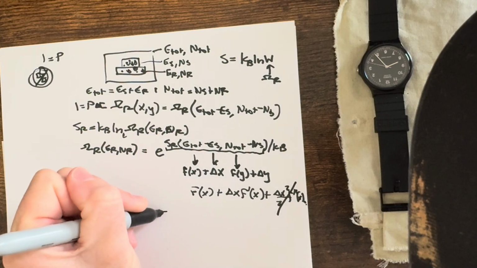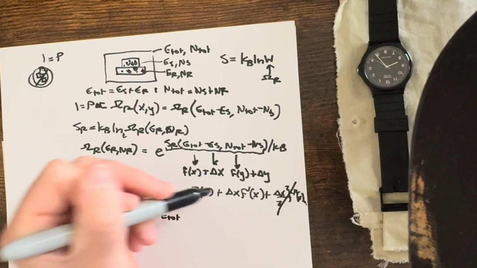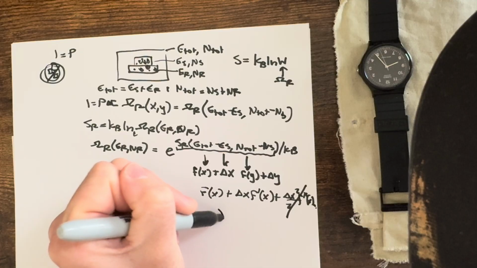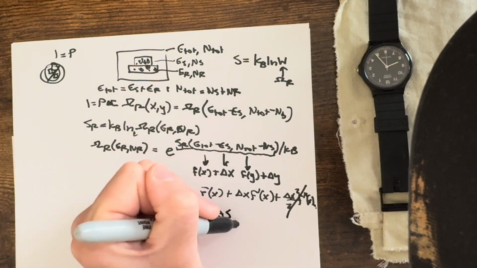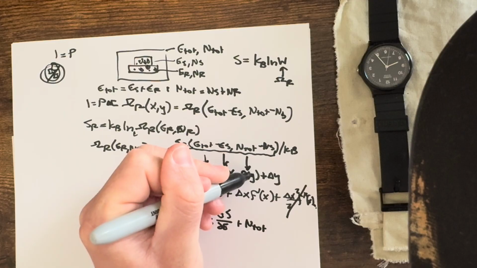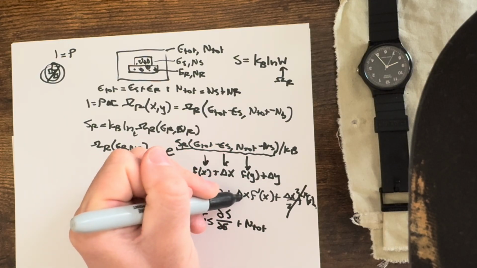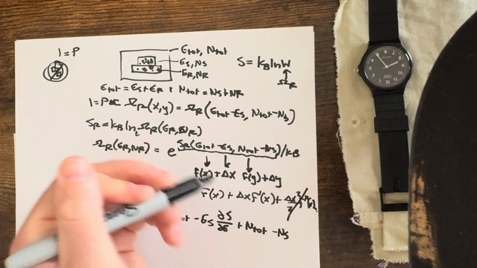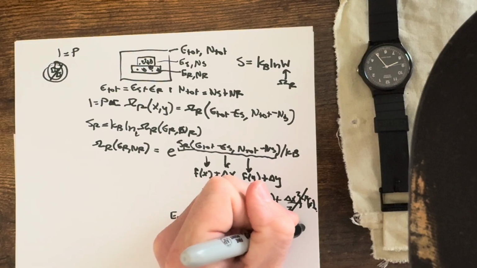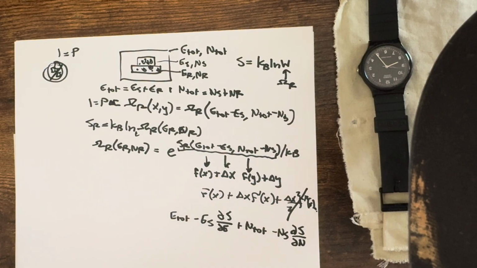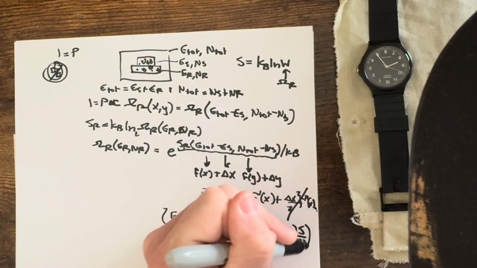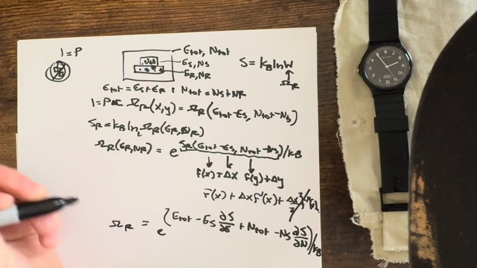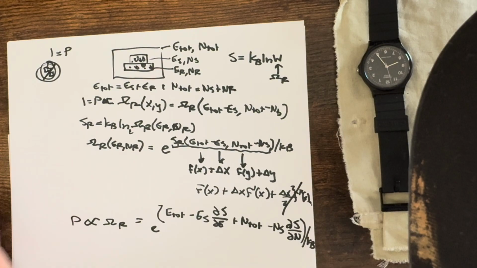So we can write that out and just do this part of the equation first. F of x will be E total minus ES times f prime of x, partial S over partial E, plus N total minus NS times partial S over partial N, and over KB, e raised to that is equal to omega R, and that's proportional to the probability.